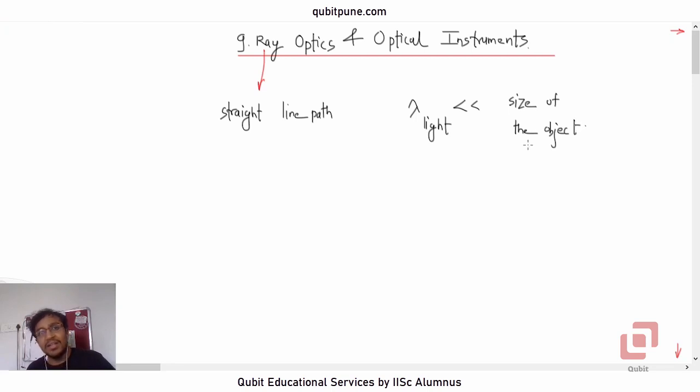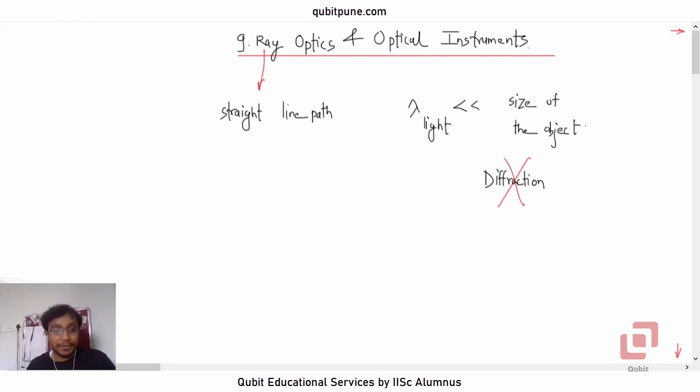We have seen in the next chapter that if the wavelength and the size of the object are comparable, of the same order of magnitude, then light is not observed to travel in straight line paths, and it bends. We call it diffraction. But we are not going to study this in this chapter. Okay, so we will now revise ray optics.